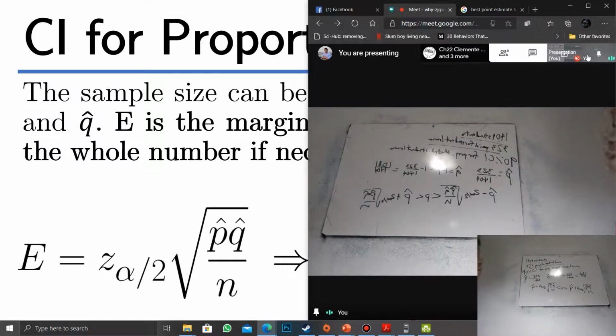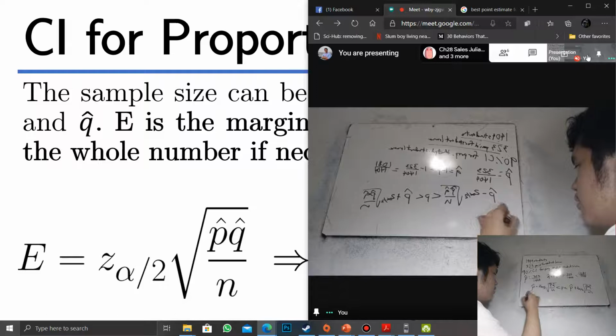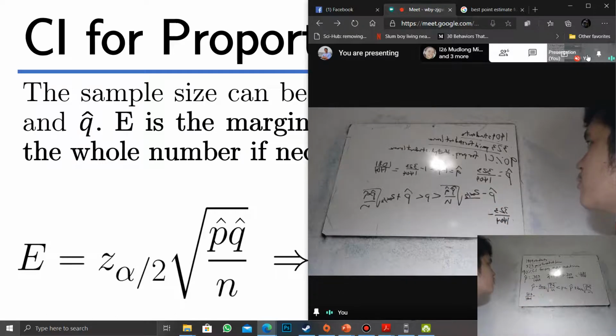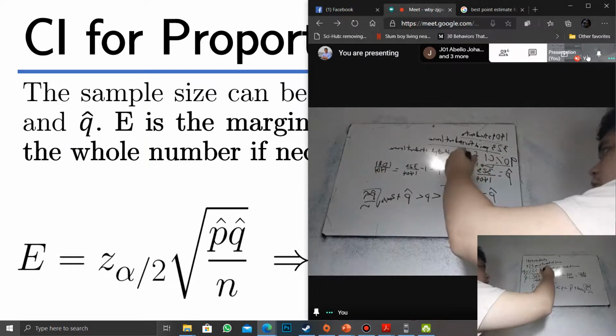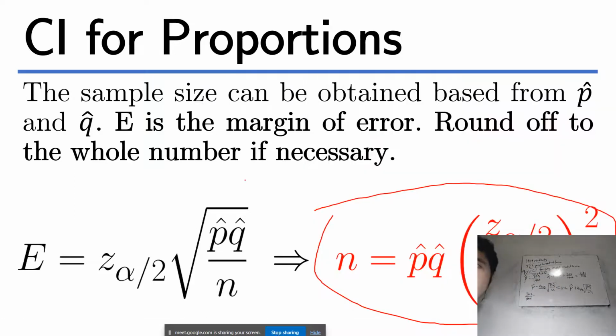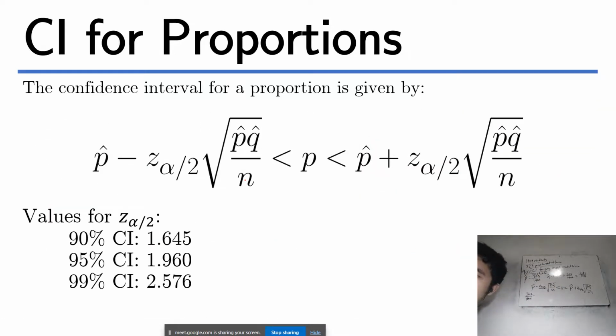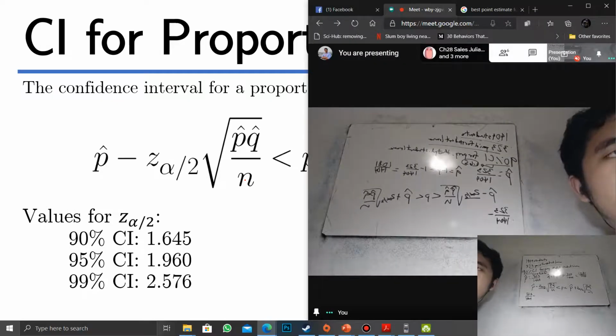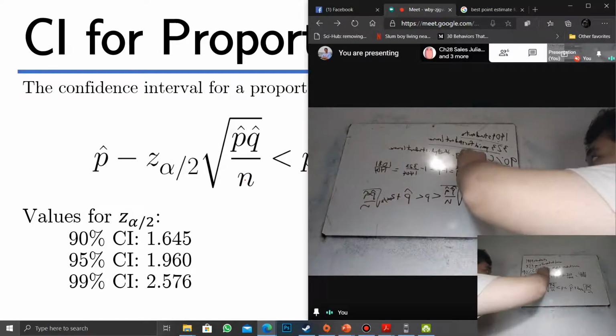Tapos substitute lang natin lahat. P hat 323 over 1404 minus, ano yung z alpha over 2? 90% confidence interval, no? Pag ganon, it is 1.65, di ba? Tama ba? Ay, 1.645 pala. 1.645. Based on the slides kanina.